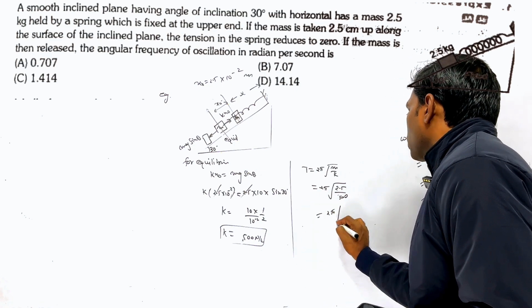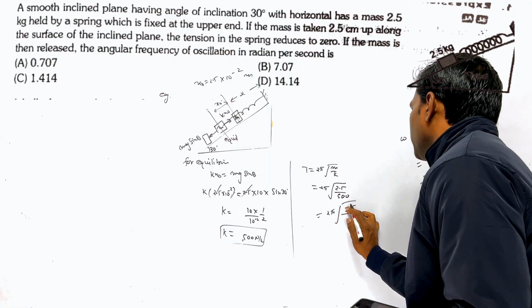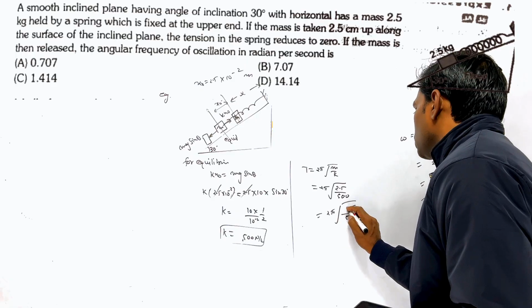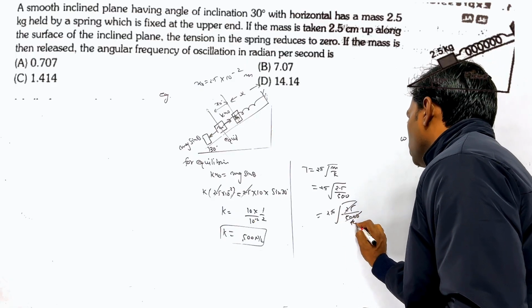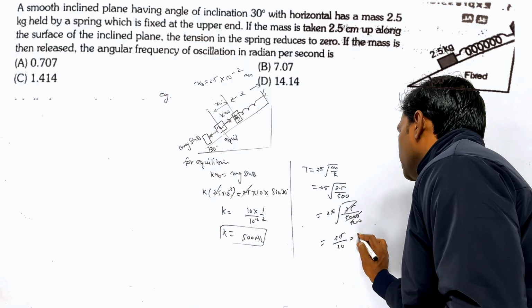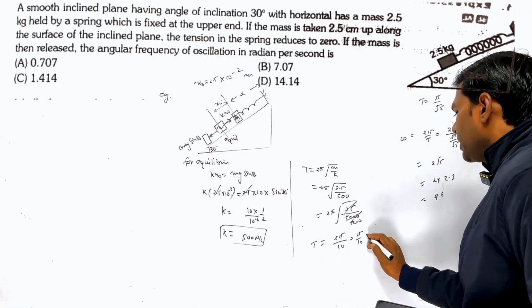Fine. This is 2 pi root 2.5, right, divided by 5000, right? So this is 25 chokka 100. So 20 pi upon 20, it is pi by 10. So time period is pi by 10 second.